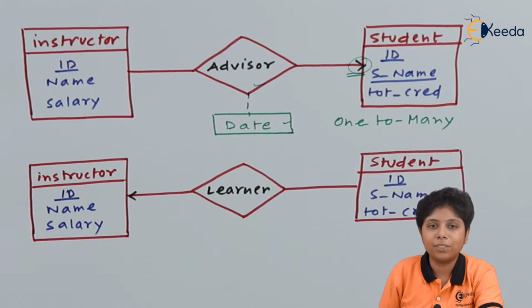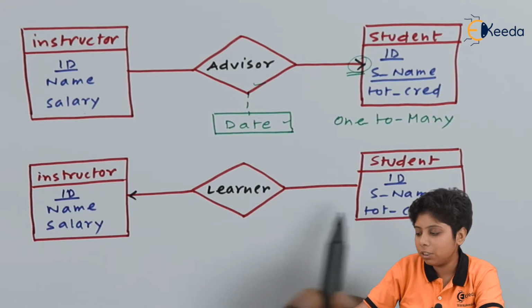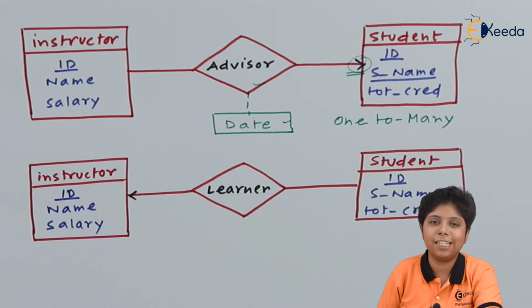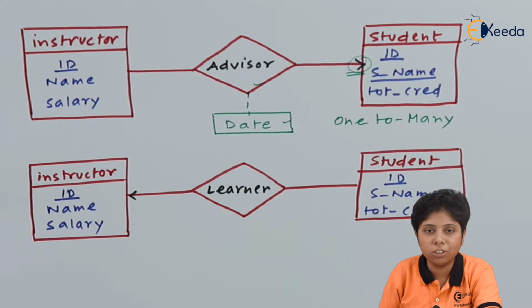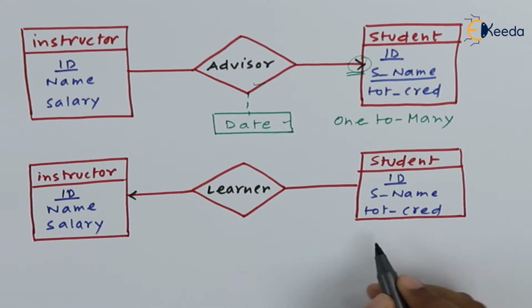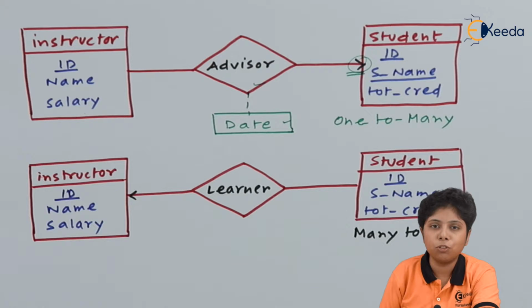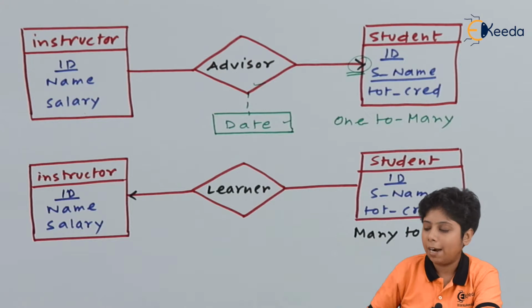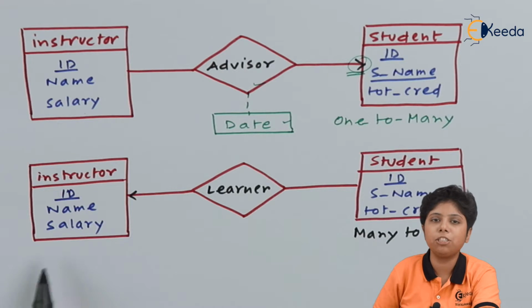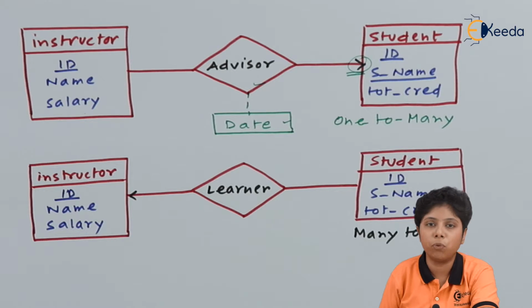If the arrow goes like this, many students can be learners of a single instructor. So we can also deal with this as a many-to-one relation. Both one-to-many and many-to-one are of the same kind, just the direction changes for each of the relations.